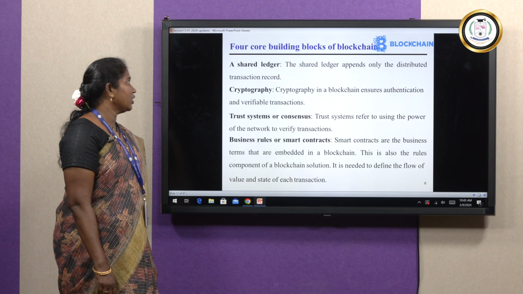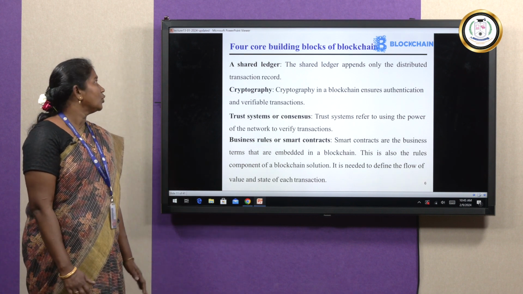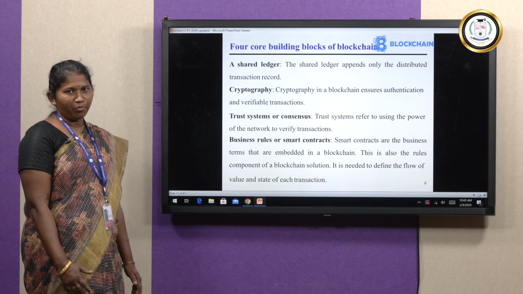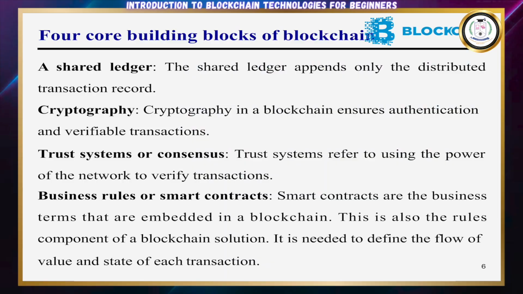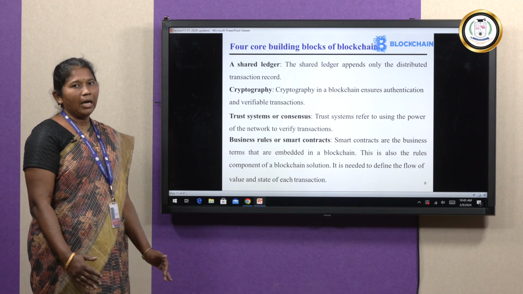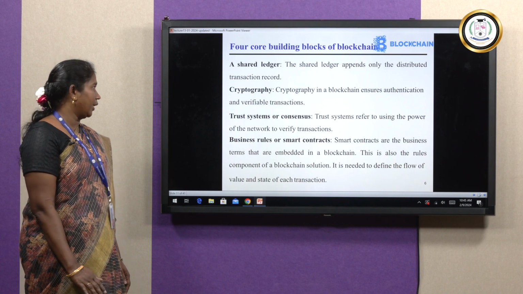Shared ledger means it is a distributed and decentralized network. This decentralized network will share all the ledger information across the overall network. Cryptography ensures authentication of verifiable transactions, and consensus is one of the methodologies to verify your transaction and authentication.